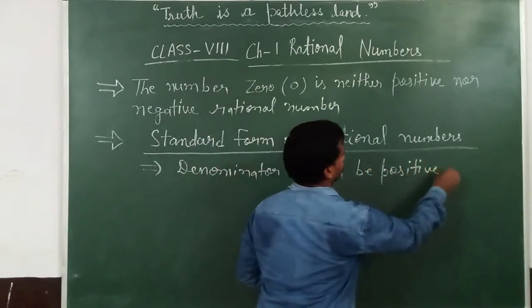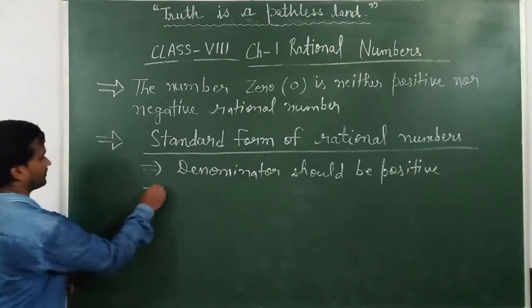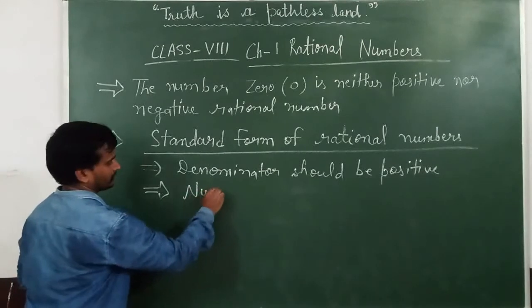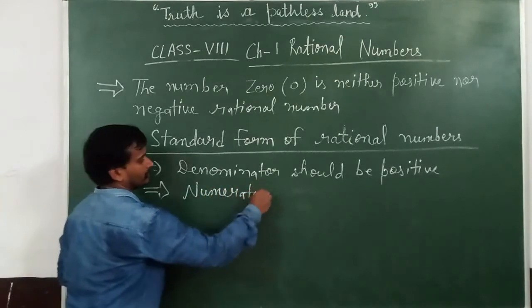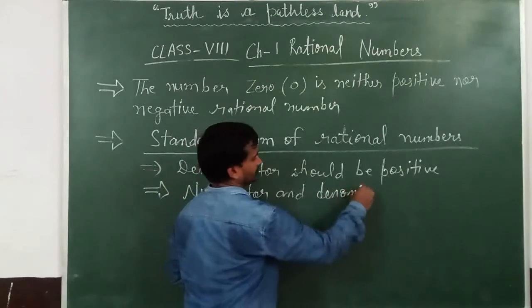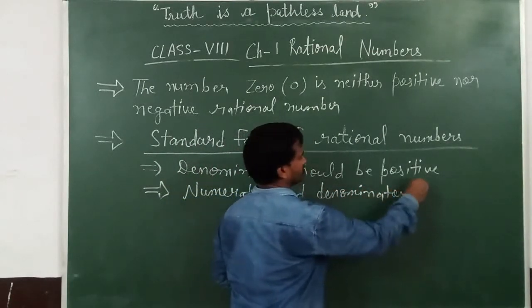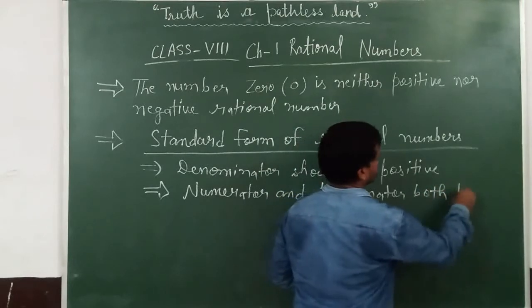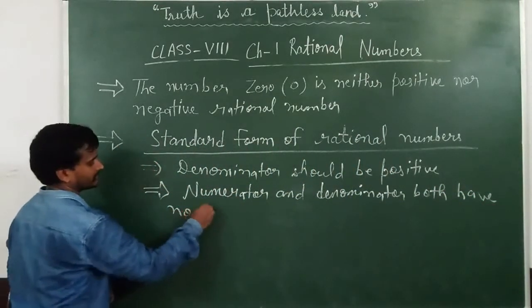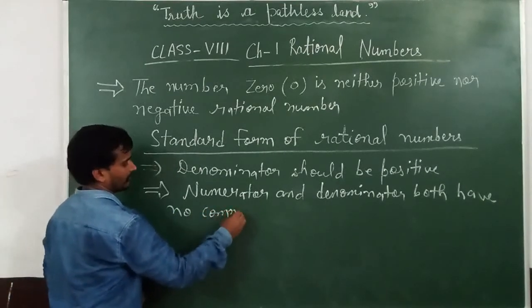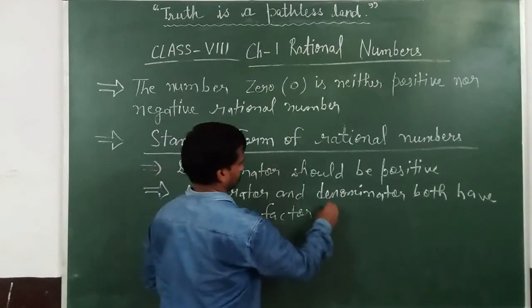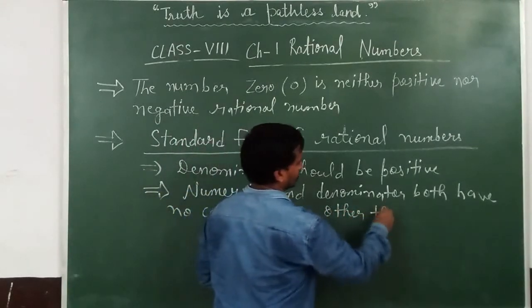Next is numerator and denominator both have no common factor other than 1.